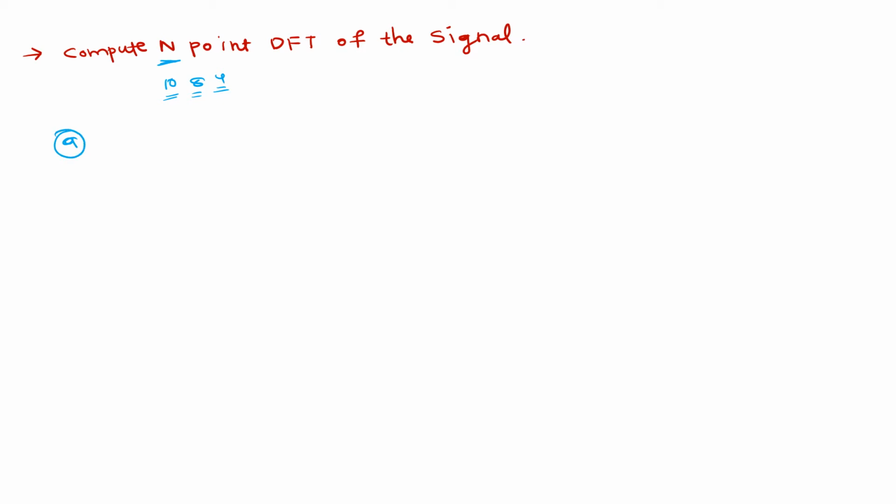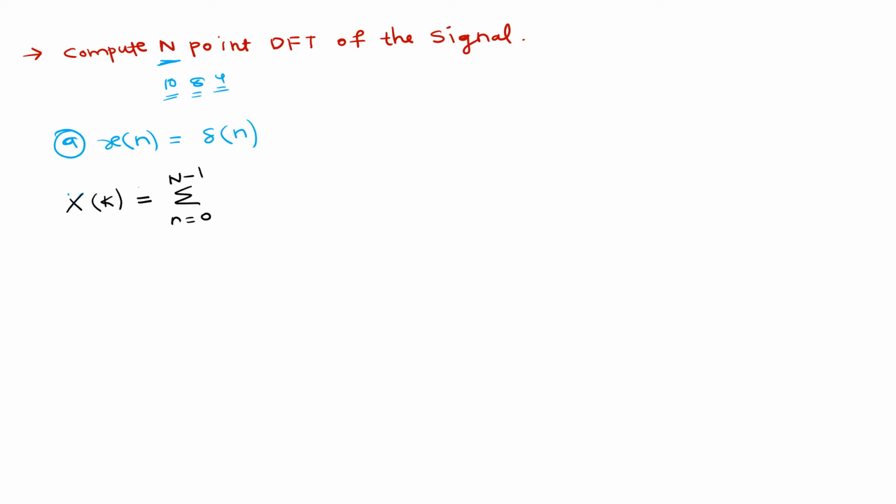the signal is x of n equal to delta of n, right? So this is the signal given to us. So మన first formula తీసుకుందాం. We know that formula for discrete Fourier transform: X of k equal to summation of n equal to 0 to N minus 1.